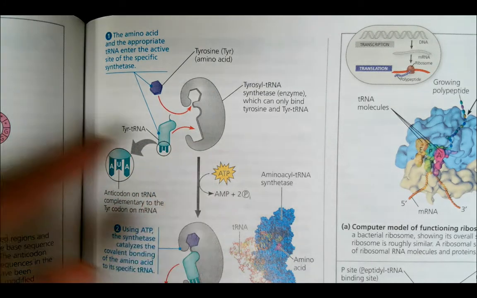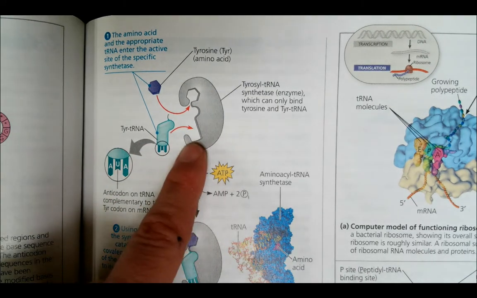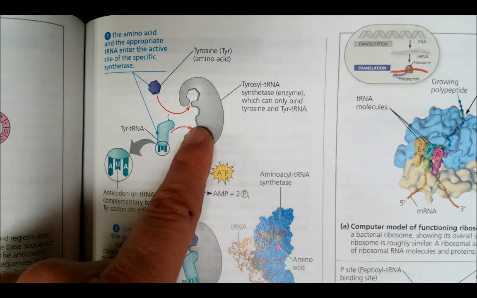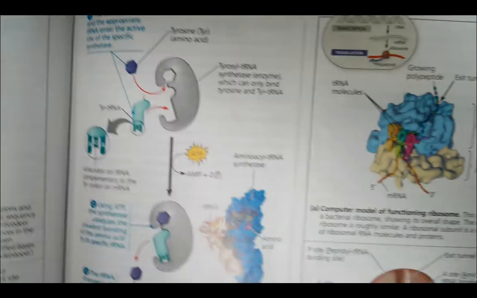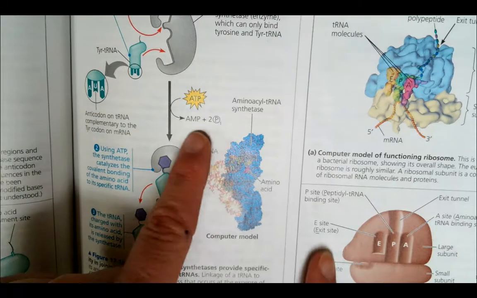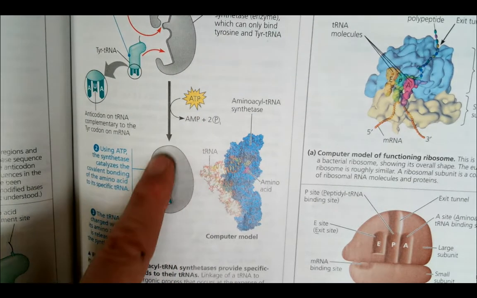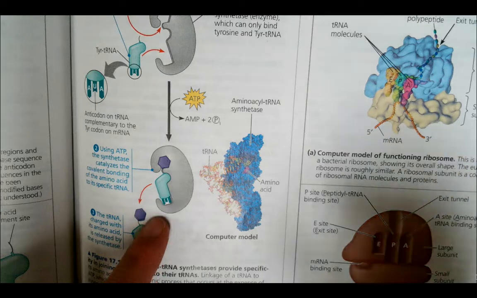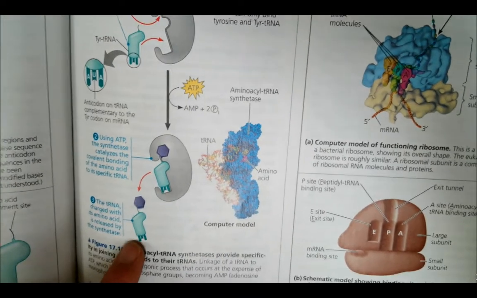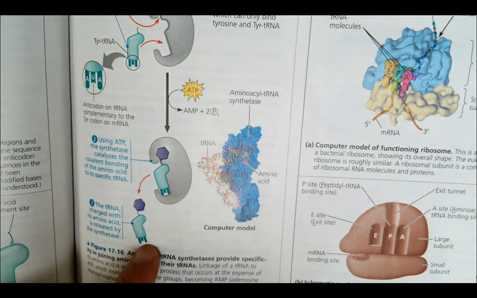And the first one, notice, it's going to be specific to the anticodon. The other place it's going to be specific is to what amino acid. And then the enzyme is needed in order to bind this. So you see the use of ATP here. And the enzyme will then bond the right amino acid. And then now this tRNA molecule will be in the cytoplasm ready to help build a protein.